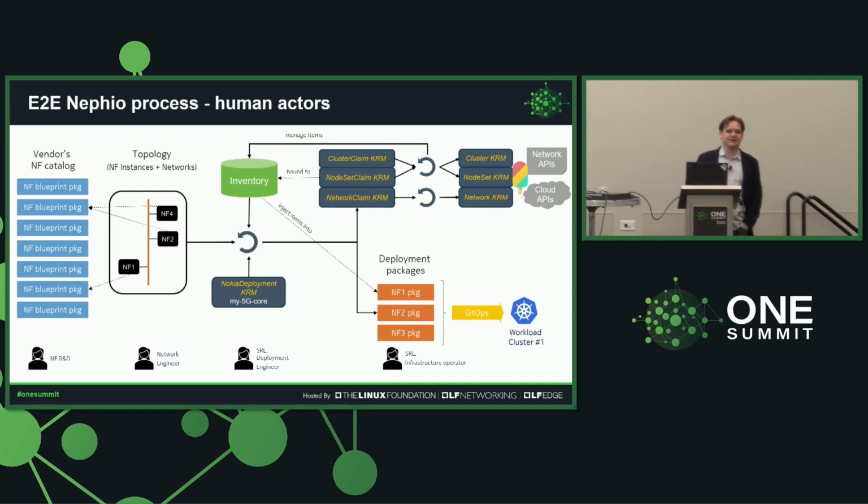like the network function R&D who knows what the infrastructure requirements are, and they should put it into the blueprint, and they know how to configure their own network function based on the information regarding the target cluster. So they will put this into the blueprint and create and publish this blueprint. I strongly believe that the topology will be created as a collaboration of human network engineers who know how to build a 5G core out of these elements and automated processes together.